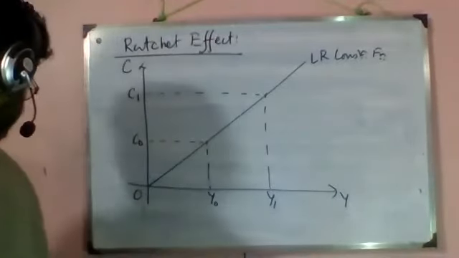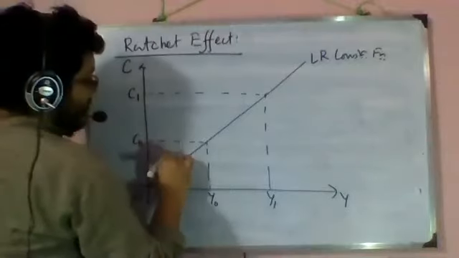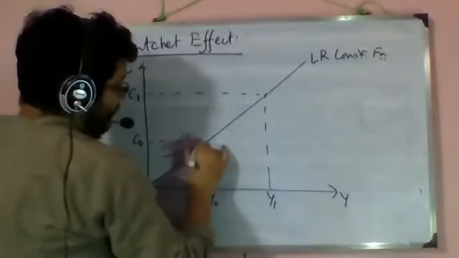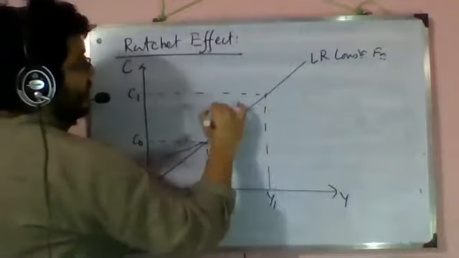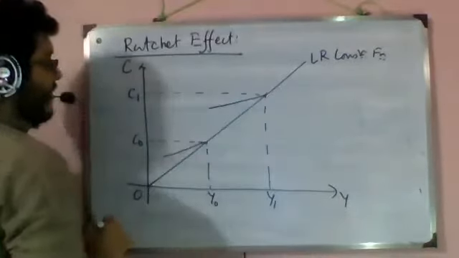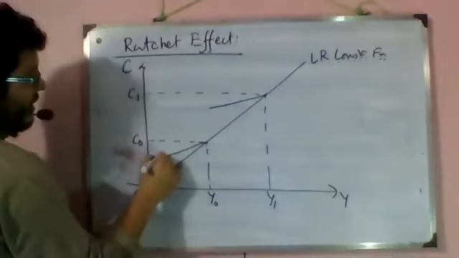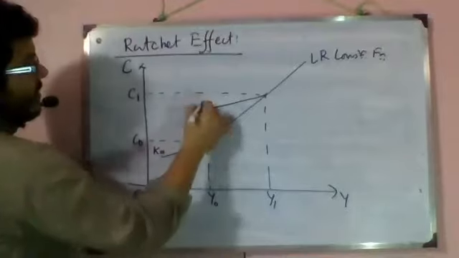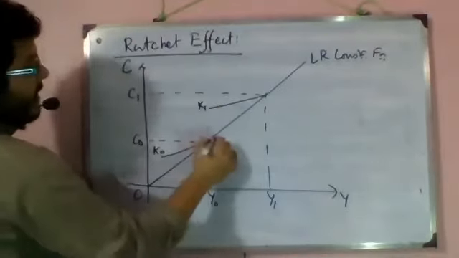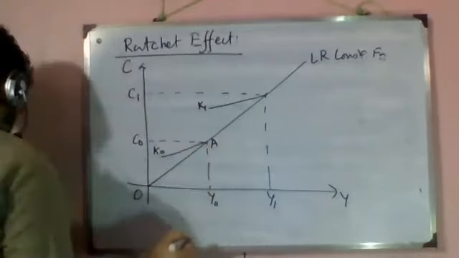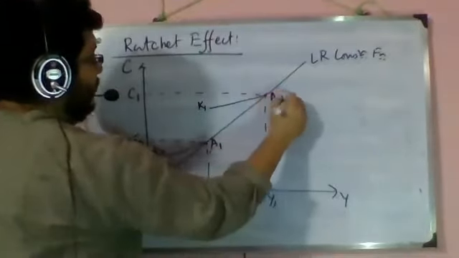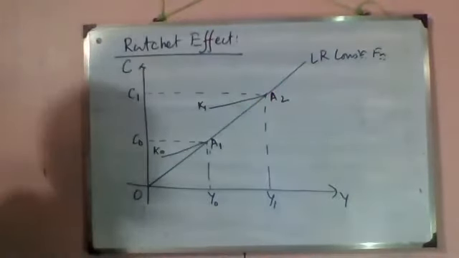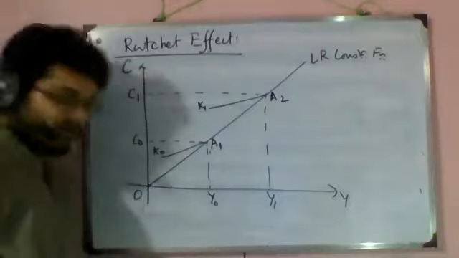And let's just draw two straight lines which will show the short run behavior. Okay, like this, and mark these points as K naught and K1, and these points as A1 and A2. So these lines, they have their own role to play.